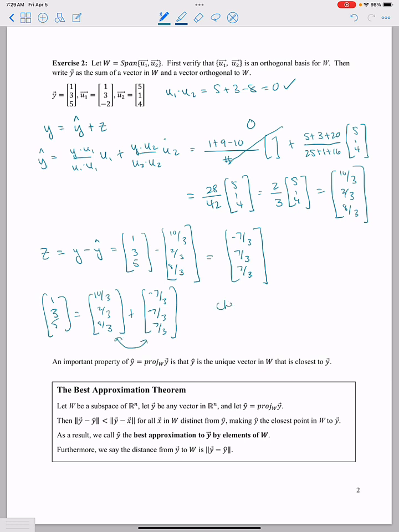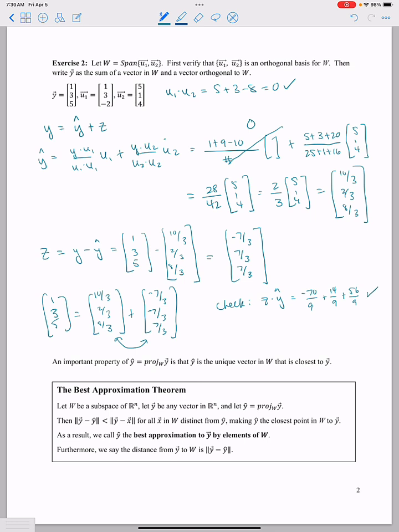So let's just check. So z dot y hat would be negative 70/9 plus 14/9 plus 56/9. And that does equal 0.